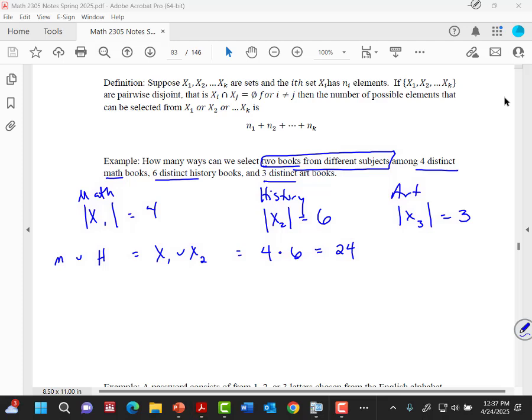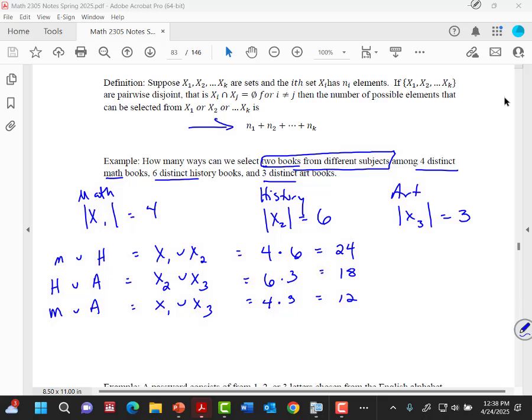Well, what else could I get? I could get a history or an art. That is simply x2 union x3. Well, how can that happen? That is simply 6 times 3, which is 18. And there's one other case that we haven't explored. I could get math or art. That is x1 or x3, which is 4 times 3, which would be 12.